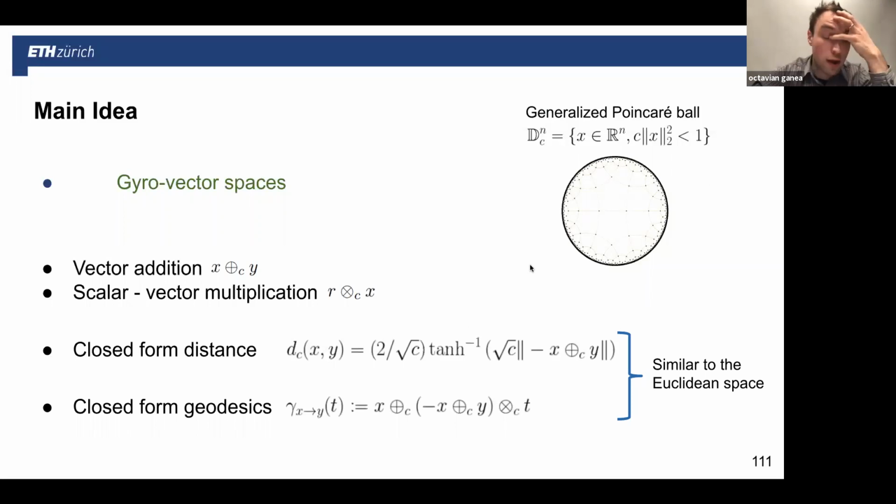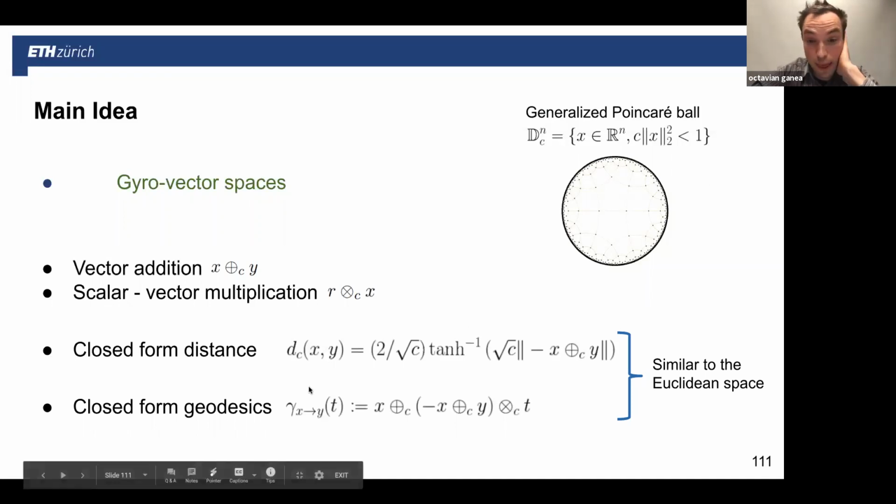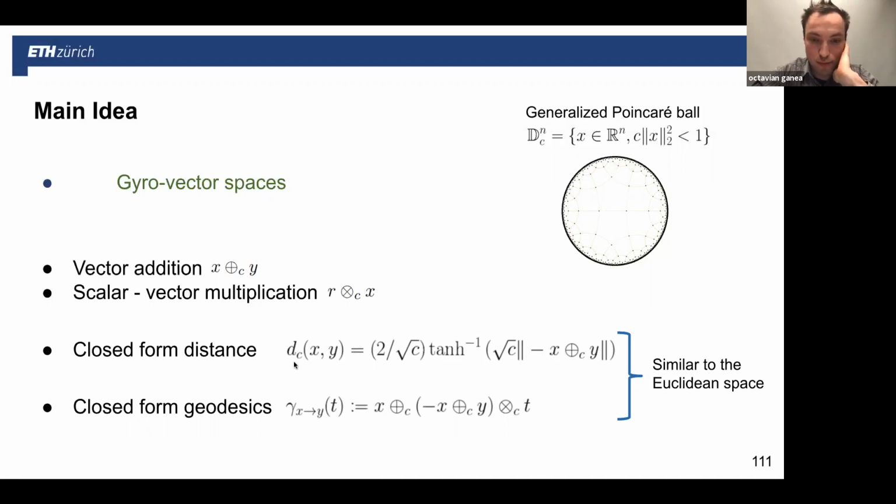Oh, sorry. I also have to say that we have a closed form expression of the distance, let's say in a hyperbolic space. The distance that I showed you before had some r cos h and some more complicated formula, but it's actually the same as the formula that's shown here.